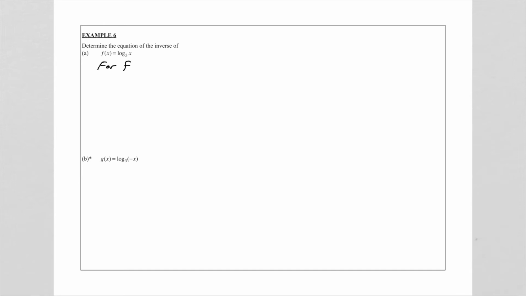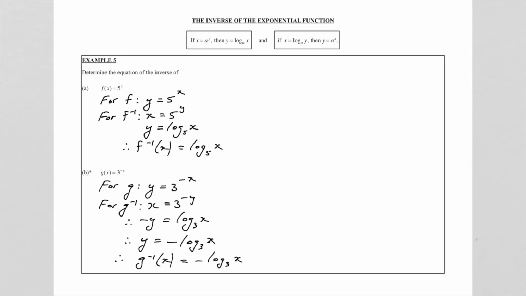So for f, y is equal to the log of x with a base of 5, and then I say for the inverse, we will get that x is equal to the log of y with a base of 5. And now we need to use the definition again, and we're going to use this one.